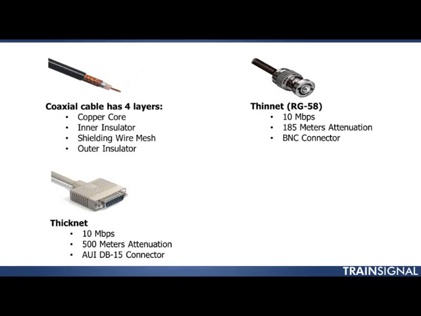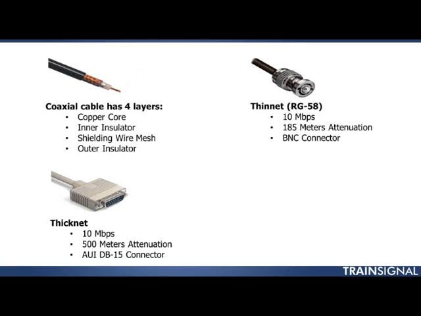It could actually take data up to 500 meters before suffering from attenuation. It used an AUI DB15 connector, and that's what you see listed here. And it also used what's called vampire taps, where we could have devices tap into the cable using these teeth that would go down to the copper core to make the connection.